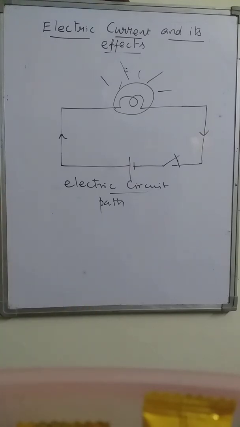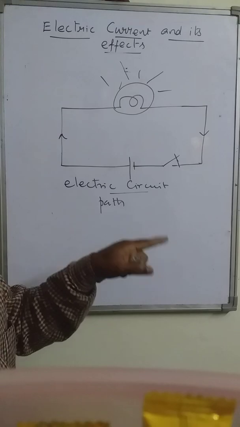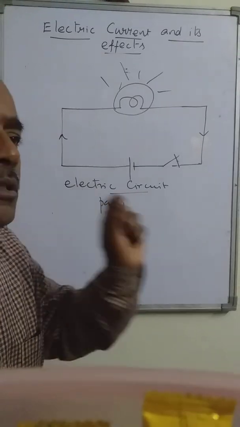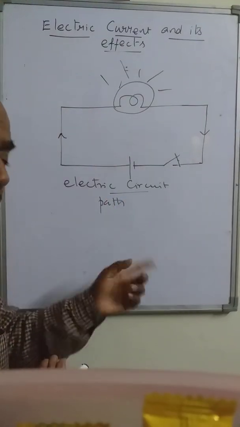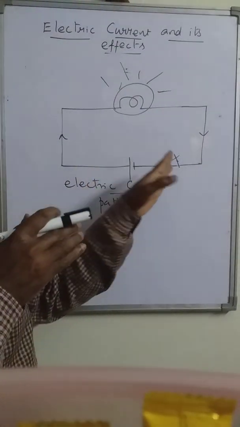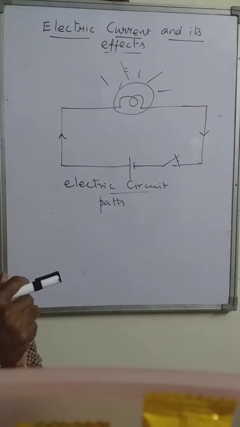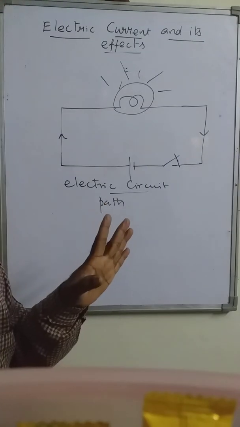through many components. And that electric circuit may be called a closed circuit or open circuit. Closed circuit means the current flows through it when the switch is closed, when the switch is in on position. Open circuit means it is in the off position.